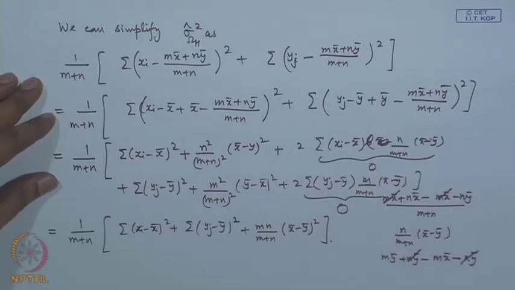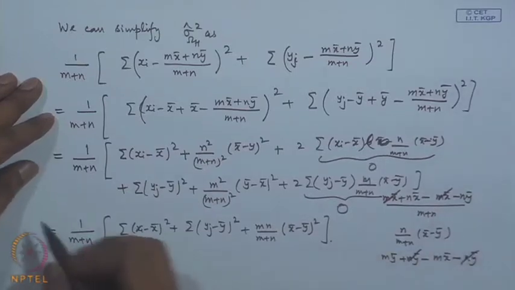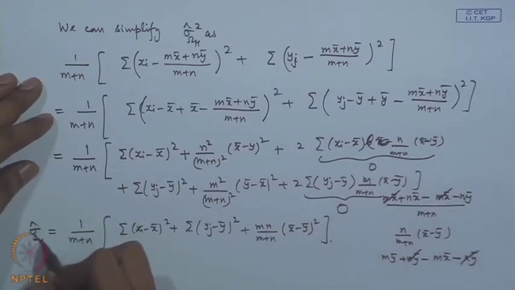That is the term that I will be getting after simplification of this term here. So, if I substitute this value, this is my sigma omega h head square.